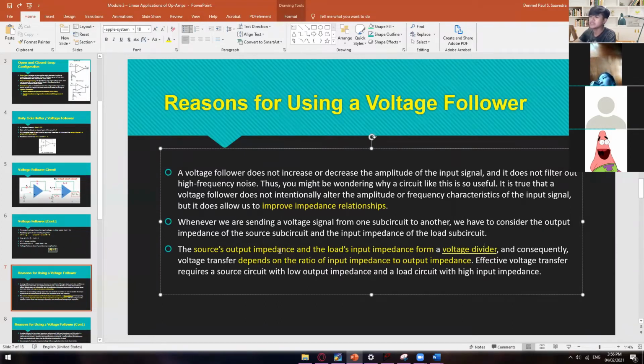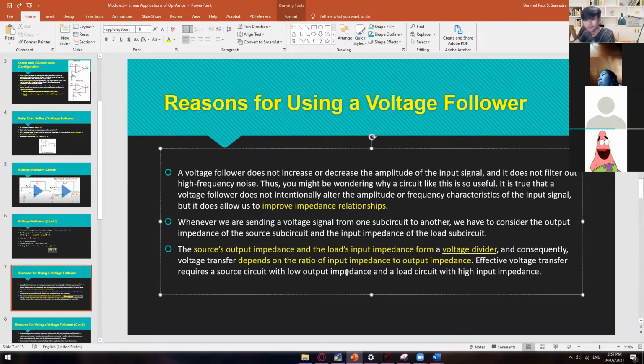And consequently, voltage transfer depends on the ratio of input impedance to output impedance. So effective voltage transfer requires a source circuit with low output impedance and a load circuit with high input impedance. So, to make it short, it neglects the voltage drop and still maintains the voltage input.